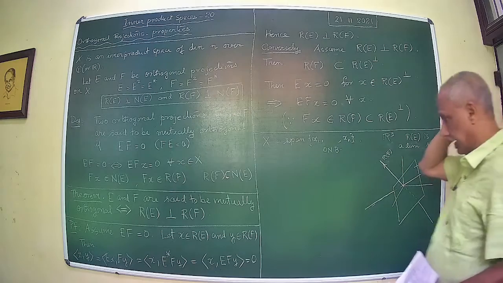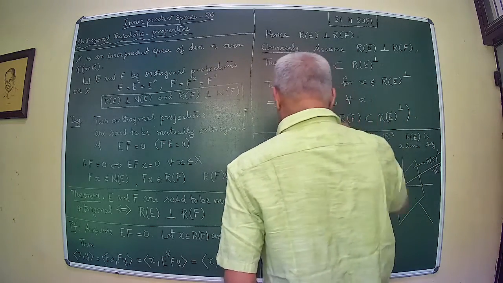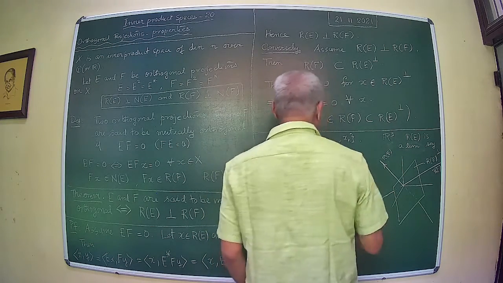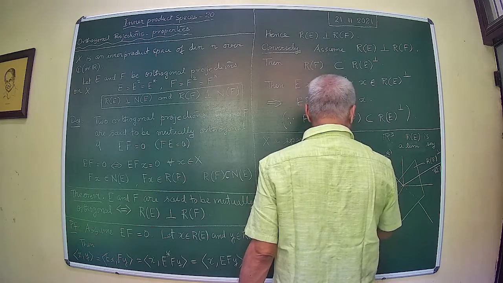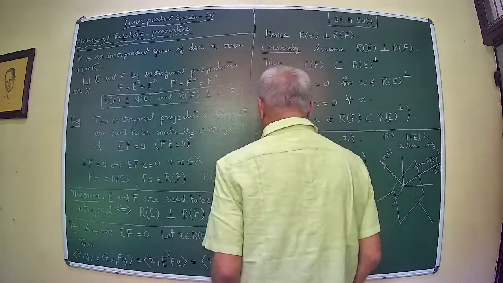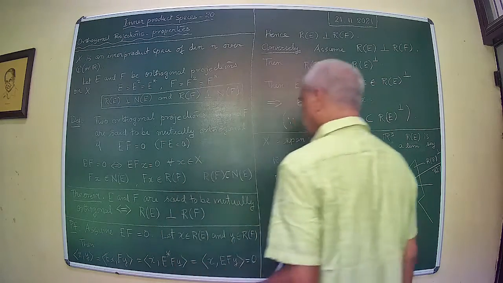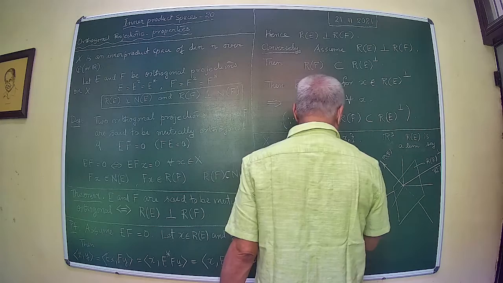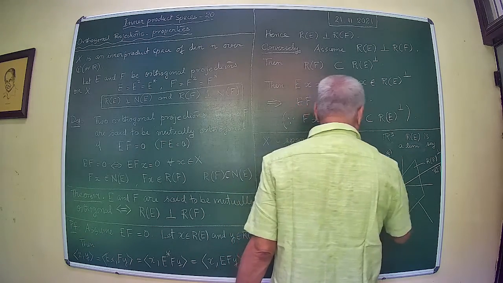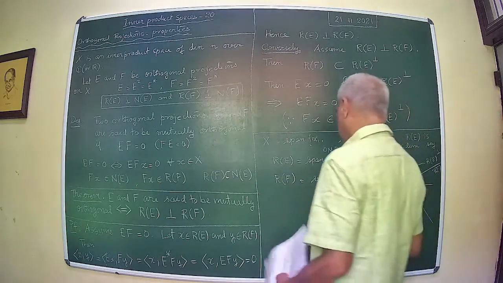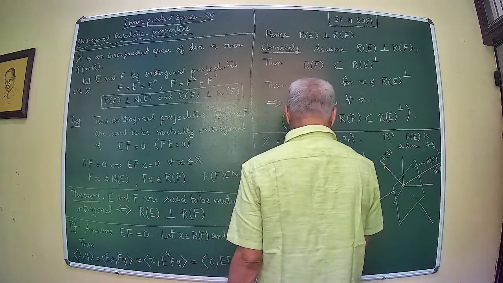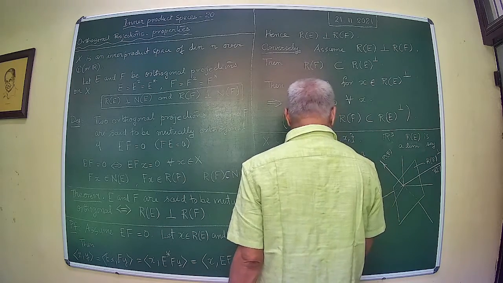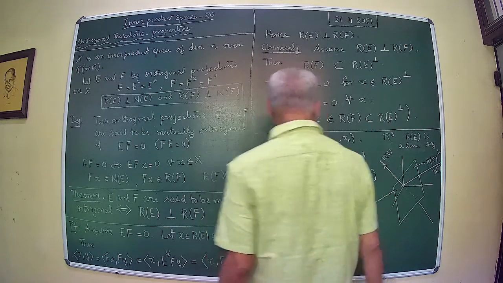Now we take the range of E to be the span of x1 to xk, and the range of F to be the span of x(m+1) to xn, with the further assumption that k is less than m.